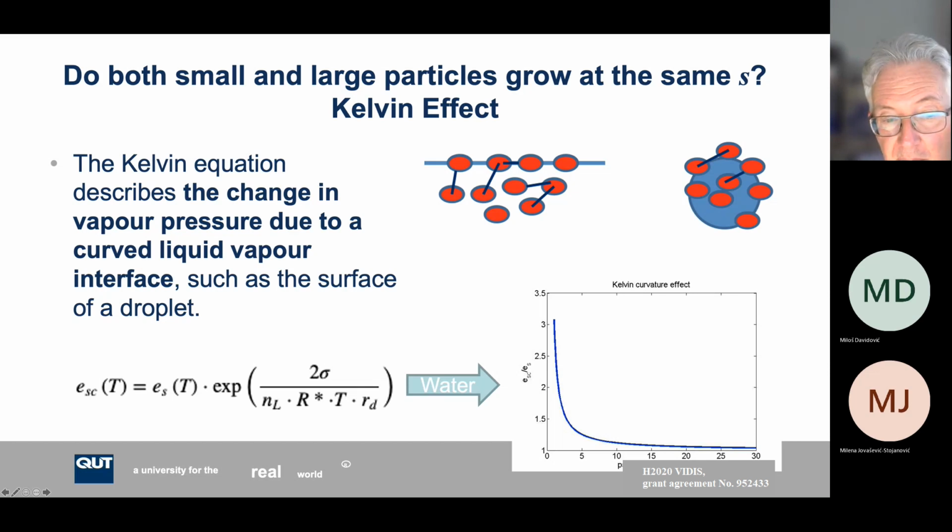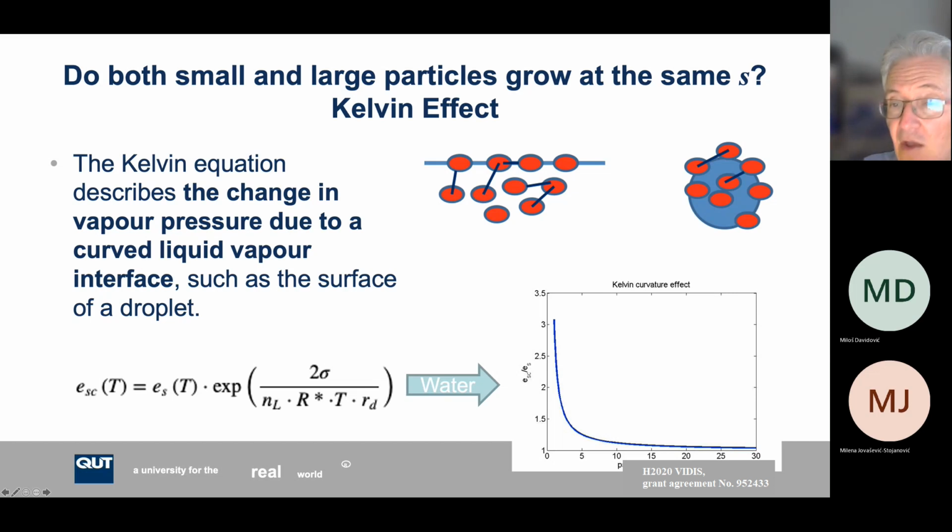Temperature functions in both, so it's not straightforward, and I won't go into that. So at a fixed temperature, smaller particles will more easily evaporate than larger particles, or to grow and stick vapors onto smaller particles, I'll need a higher saturation vapor pressure.